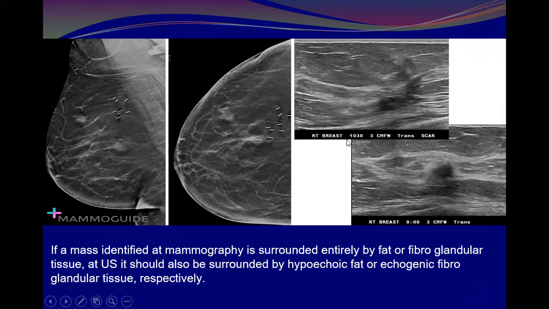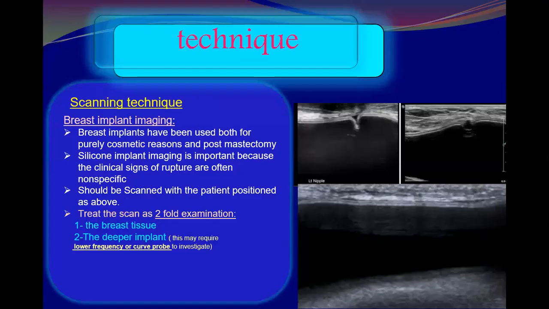So this is the 10 o'clock lesion, and this one is a 9 o'clock lesion. If I could see it in two views, it will be easier. But if I have seen it in a single view, it will be difficult.